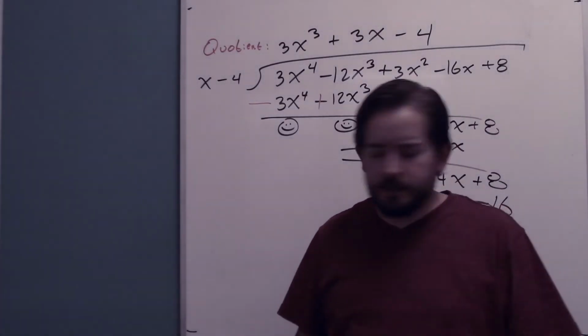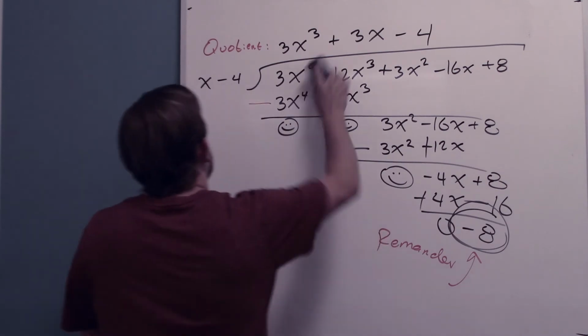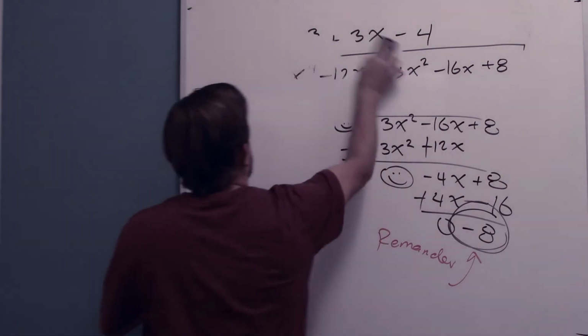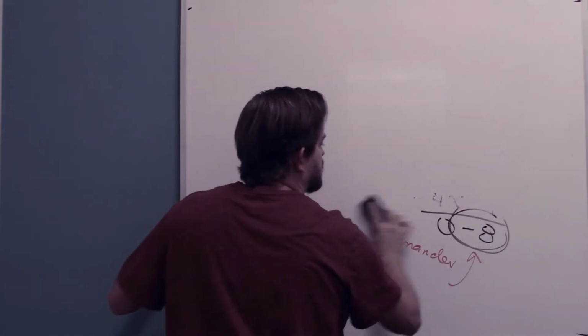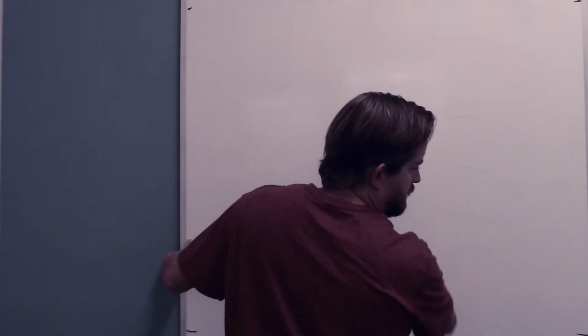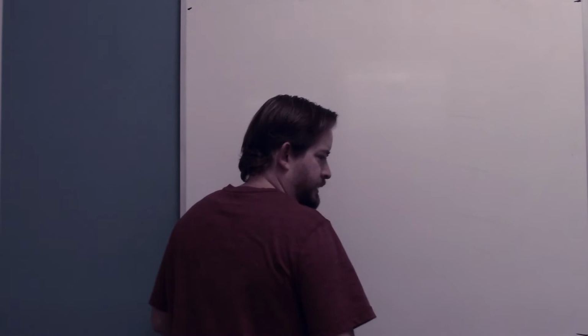Okay, let's take a look at the next question here, g of x. It says find all of the possible rational zeros, but don't actually go through and find them. And I think it's just because it's a horrific exercise.